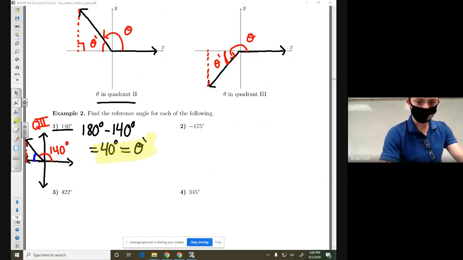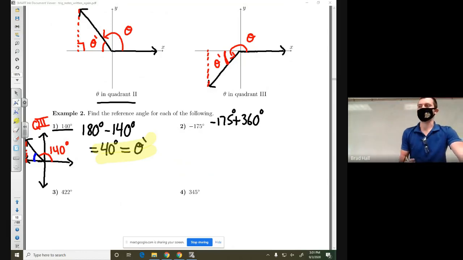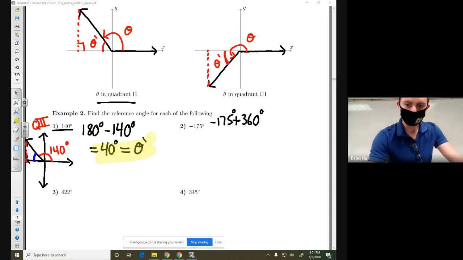So the first thing I want to do is just negative 175 plus 360. This is so we can get a much easier angle to deal with.